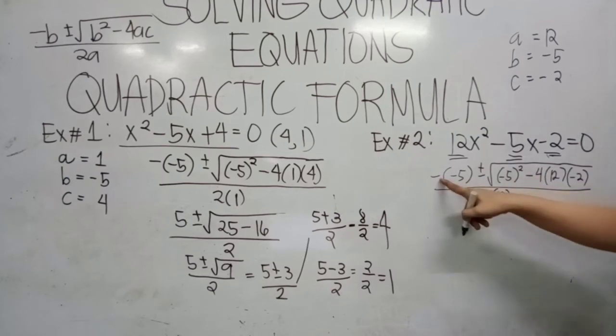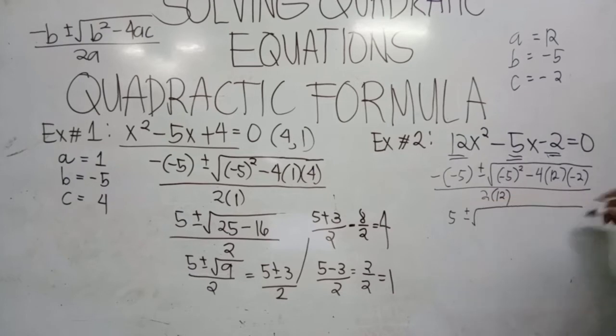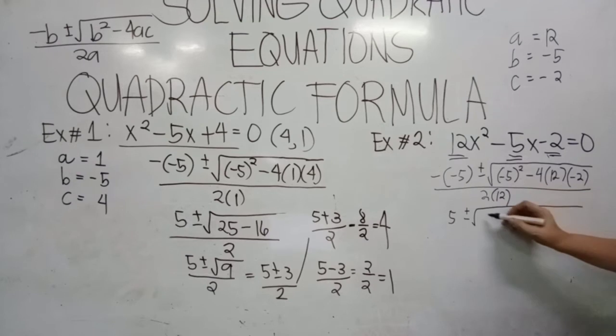Negative multiplied by negative becomes positive 5 plus or minus the square root of negative 5 squared, which is 25.